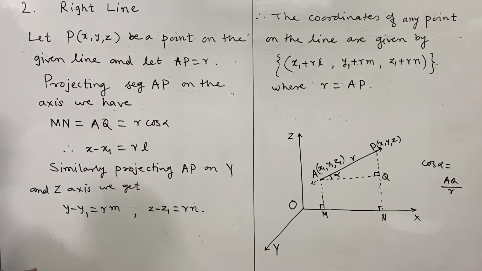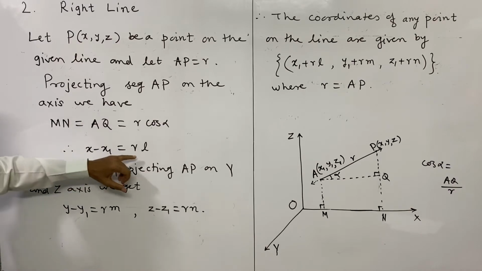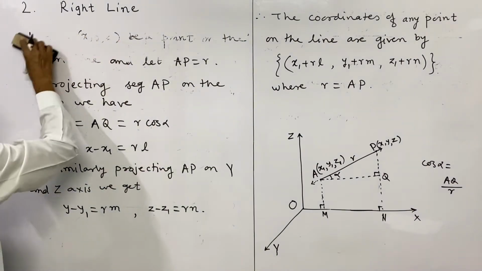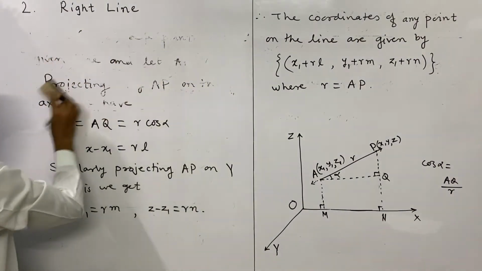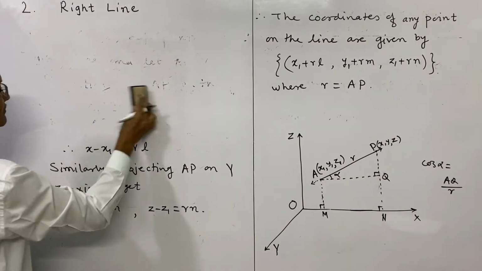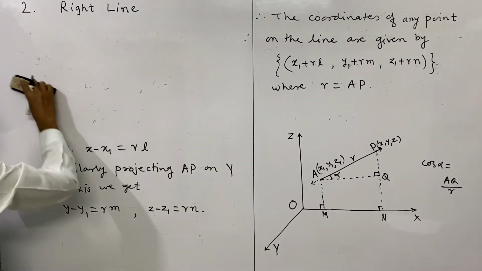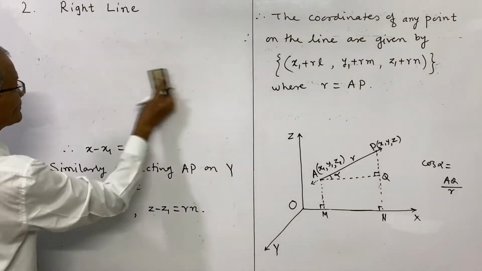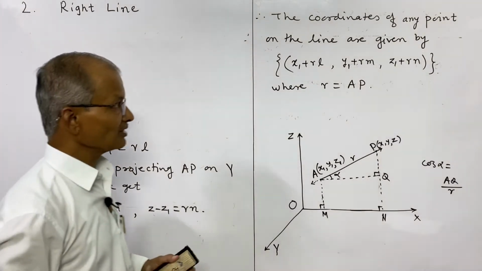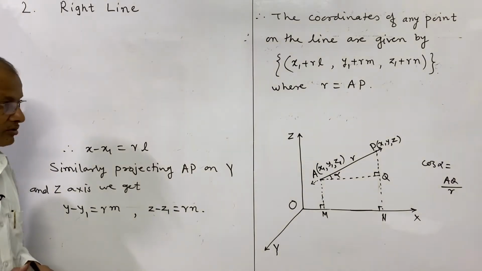And now again from this relation we will write the expression for r from these three relations. And the condition necessary for that is these DCs or direction ratios must not be 0. So these must all be non-zero.